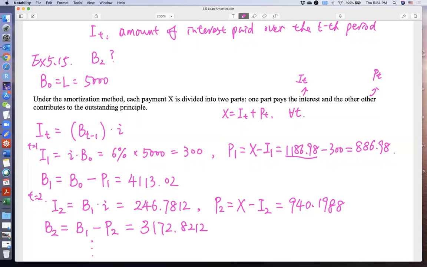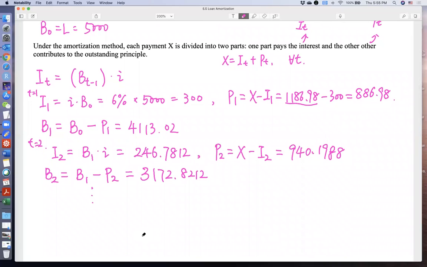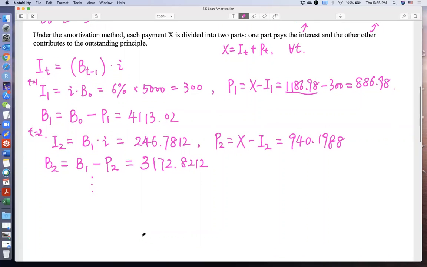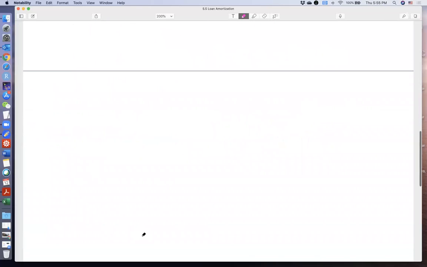Of course, for a specific question, we don't always want to repeat this. We want something more systematic to help us do this. So now we analyze. We actually have two methods to handle this. The first method is what people call the prospective method.